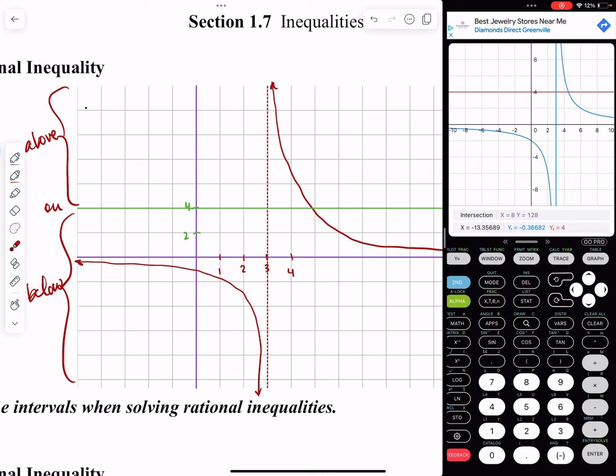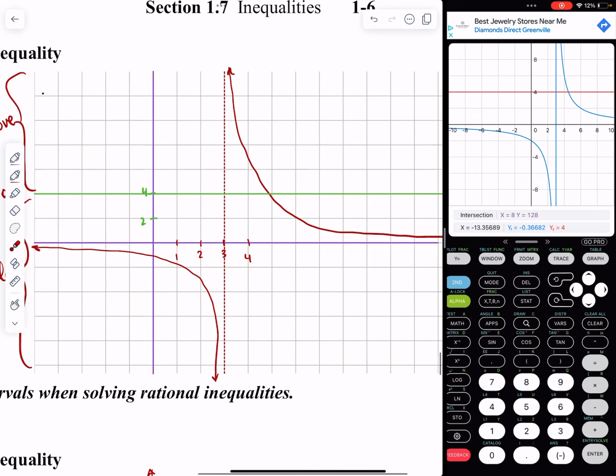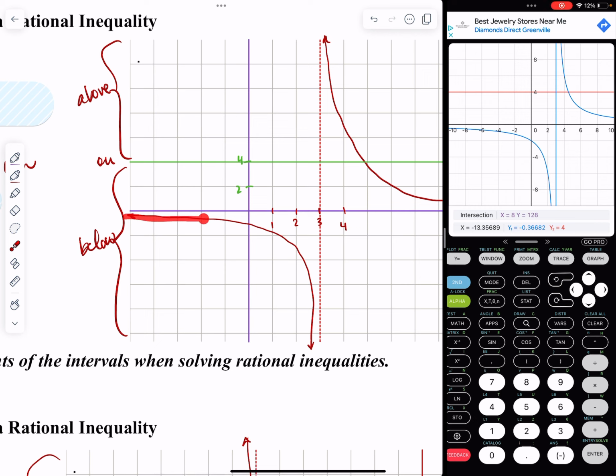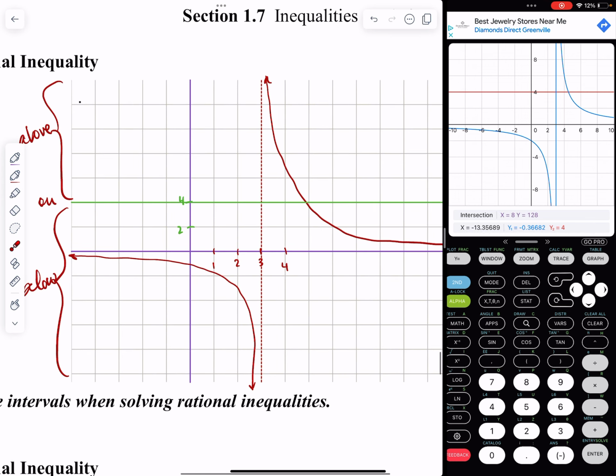So you see that on our calculator, and then you also see this curved piece on the right side of that x equals 3, and another curved piece on the left side of x equals 3. And then also on the calculator, it's a red line. On my graph here, it's a green line through y equals 4.